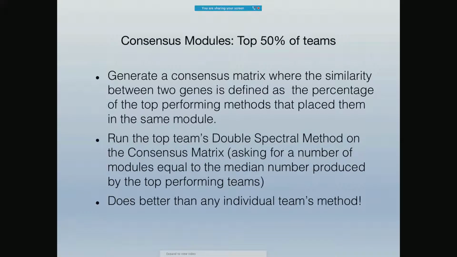We generated a consensus matrix where the similarity between two genes is defined as the percentage of top performing methods that place them in the same module. And then we ran our method, which we call the double spectral method because DSD followed by spectral clustering, on that distance matrix. And that does better than any individual team, even our team did in the end.